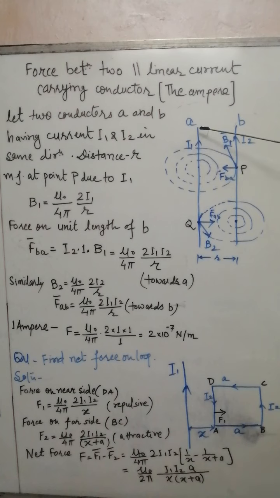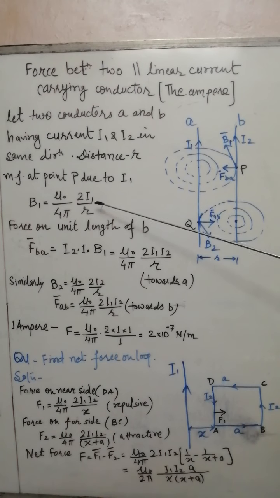The magnetic field due to this straight conductor, let us take it as B1, is B1 equal to mu 0 by 4 pi into 2 I1 by R. You have derived this formula in previous classes.